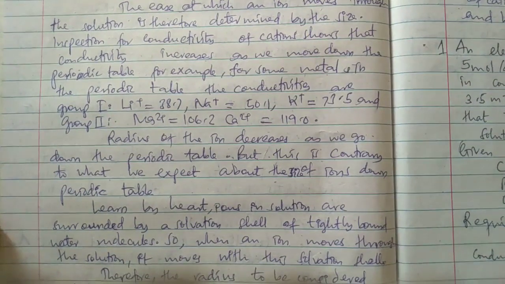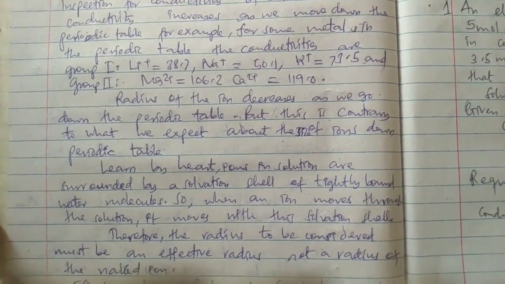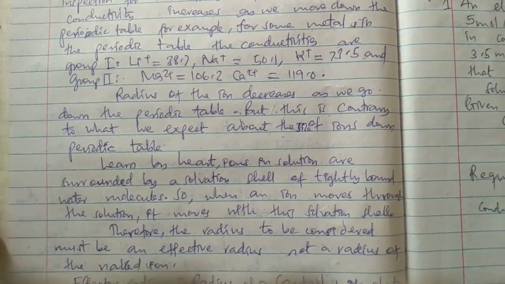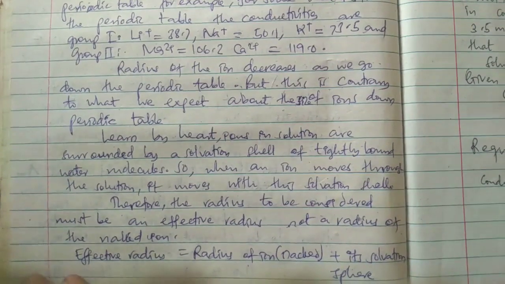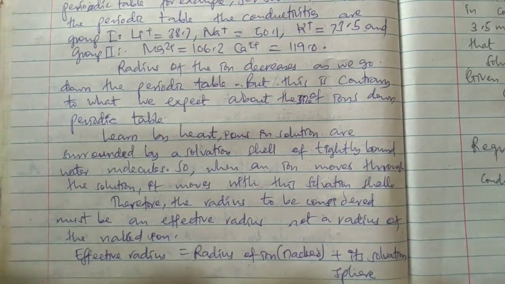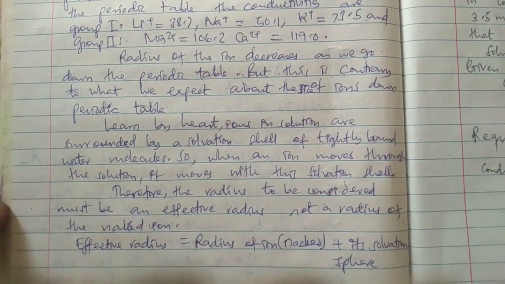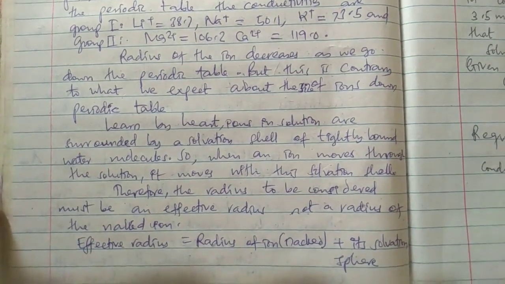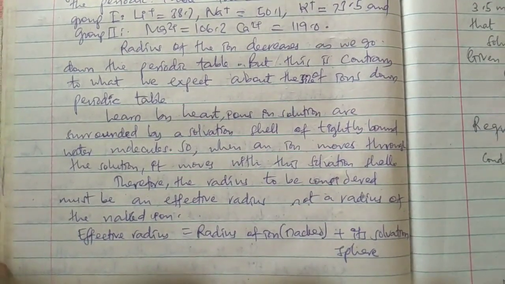Now, learn by heart: ions in the solution are surrounded by a solvation shell of tightly bound water molecules. So when an ion moves through the solution, it moves with this solvation shell. Therefore, the radius to be considered must be an effective radius, not the radius of the naked ion.